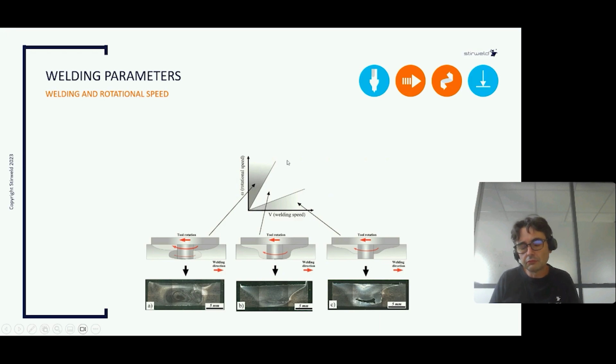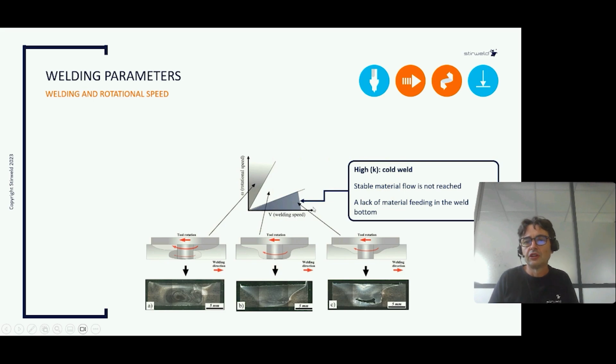We can sum it up using three zones, three process windows. The first one here is what we call a cold weld. We have a cold weld when the welding speed is too high or the rotation speed is too low. This is obvious: less rotation means less friction, and a high welding speed means a low energy input. That's why this zone is called cold weld.